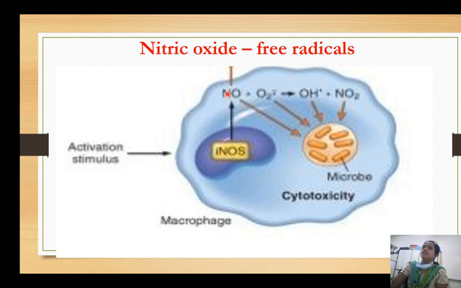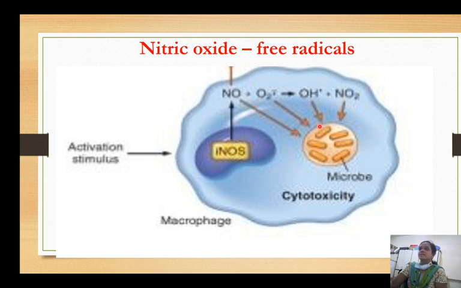In macrophages, nitric oxide is formed in response to any bacteria that has entered into the macrophages. Bacteria that enter the macrophages will trigger nitric oxide synthase so that nitric oxide is formed. This nitric oxide will combine with the oxygen present inside the cell to form a hydroxy ion and nitrogen dioxide.